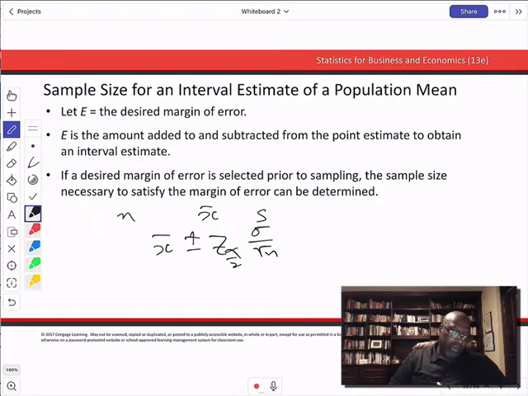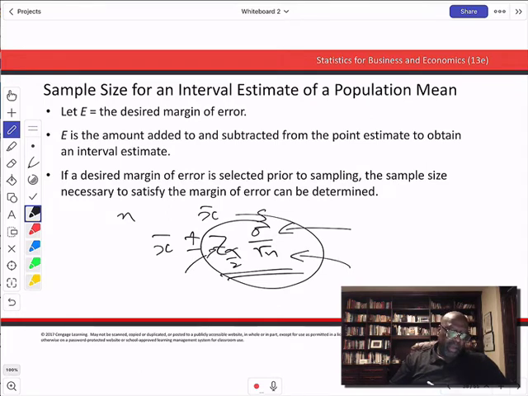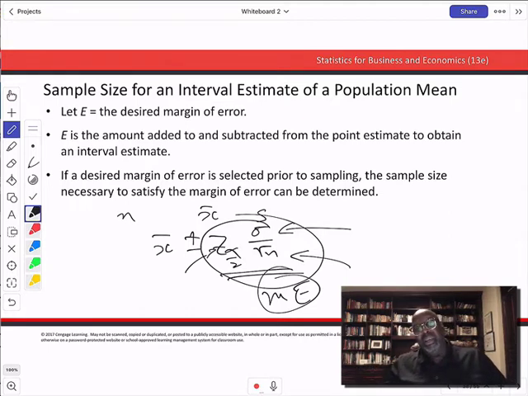This margin of error right here depends on a number of factors. One is sigma, z, the confidence level, and n, the sample size. So that's your margin of error. That margin of error determines how wide our interval is. And sometimes initially we may not be happy with the width of the interval.